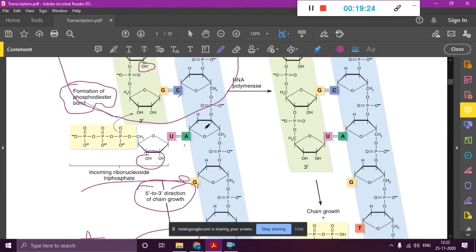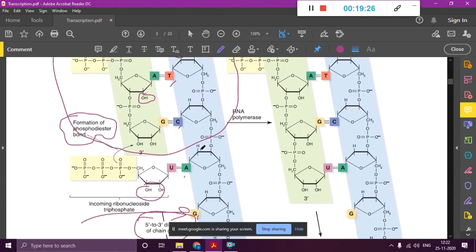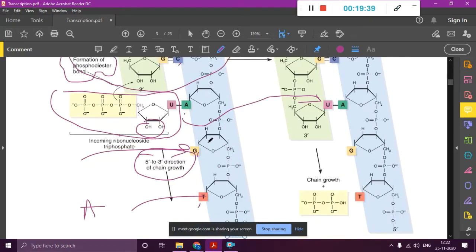So like this, as you can see, because of RNA polymerase here, this UTP started coming over here. This UTP came and got integrated here. And what happened was that these two phosphates got removed. Only one phosphate remained, only this phosphate remained, the alpha phosphate.